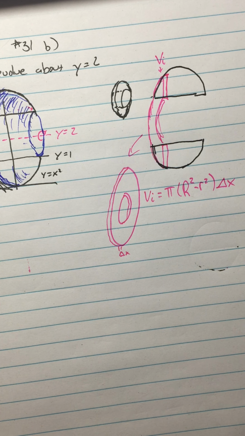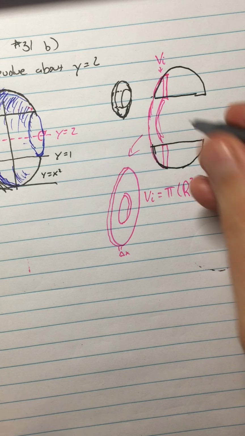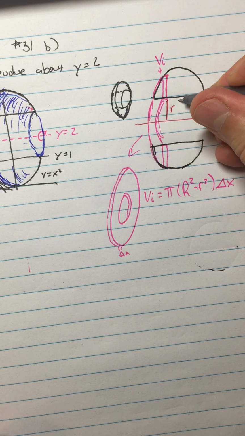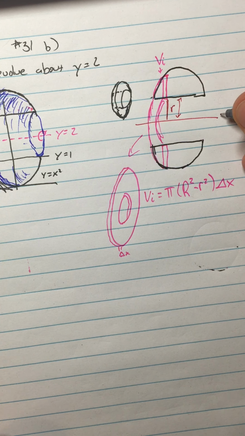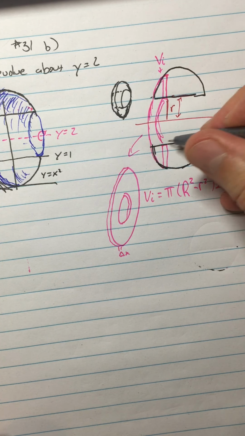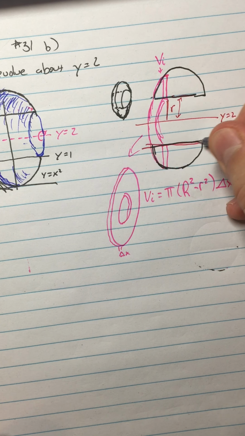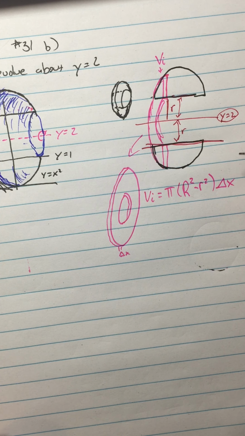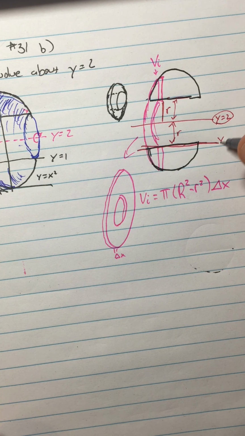So the question is, what are big R and little r? Here's my axis going through the middle, and little r is the distance from y equals 2 to this line up here. Maybe it will make more sense if I look at the radius at the bottom. It's the distance from y equals 2 to that top line, y equals 1.